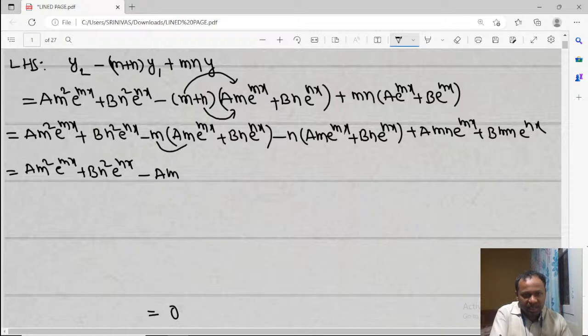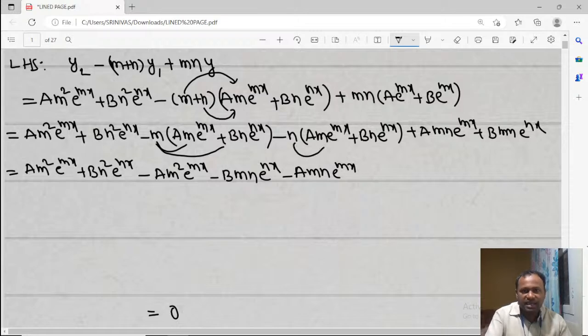What we get? a m square e power mx minus a m square e power mx, then minus b m n e power nx, minus a m n e power mx, because I am multiplying n here, the same n towards here, minus b n square e power nx, plus a m n e power mx plus b m n e power nx.